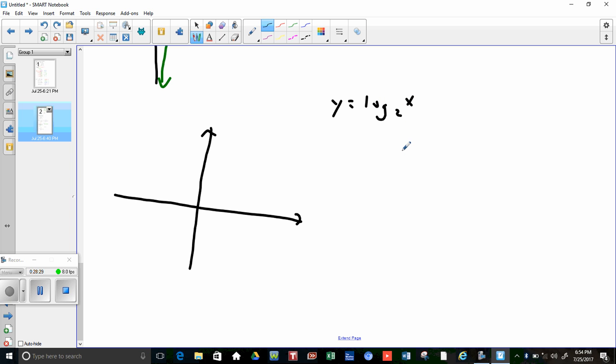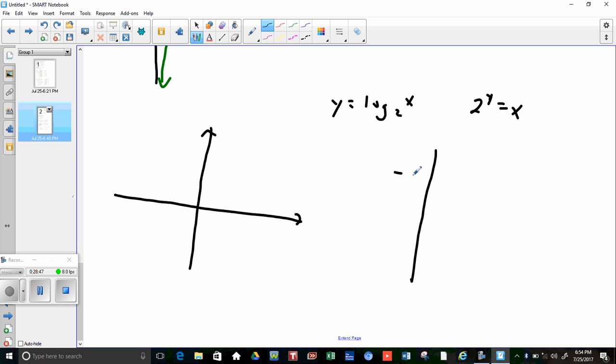Well, what might be an easier thing to do is to put this into the form of an exponential in order to get our actual values of x and y. So if we write this as an exponential, that's the same thing as 2 to the y equals x.